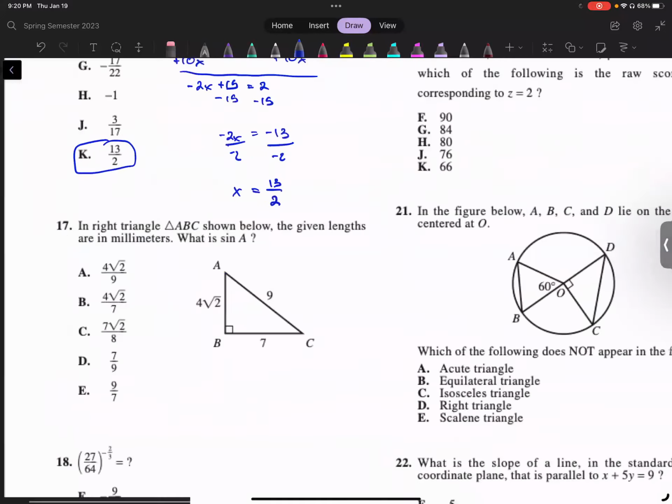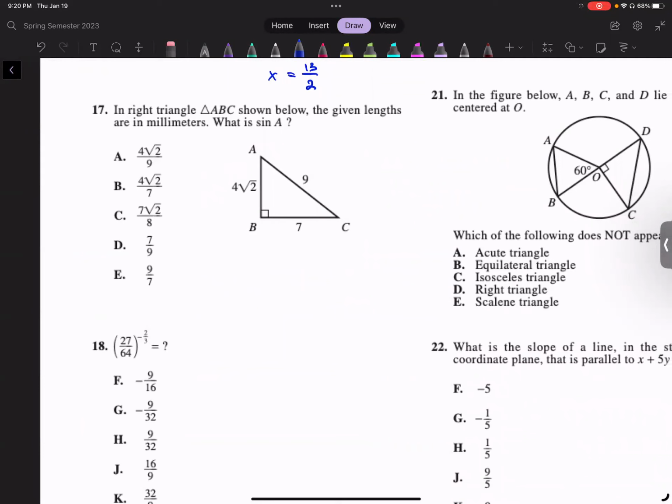Alrighty, a few more problems left. Problem 17. In the right triangle ABC shown below, the given lengths are in millimeters. What is sine A? They give you the right triangle, and immediately your head should go to SOH CAH TOA. This acronym has saved me so many times.